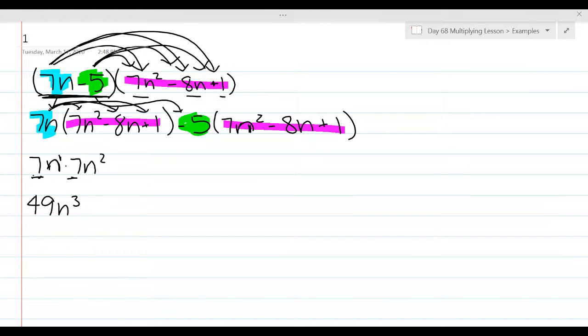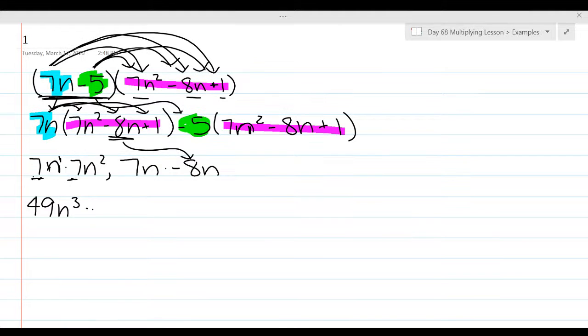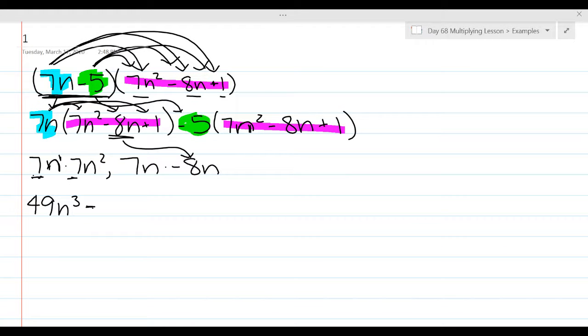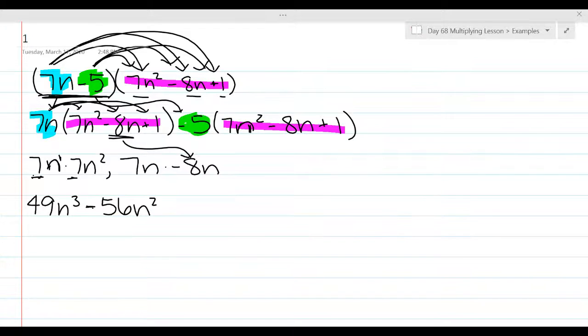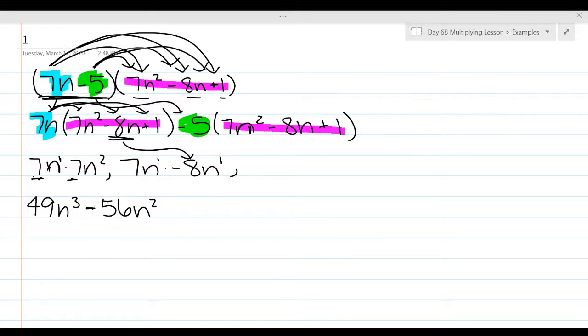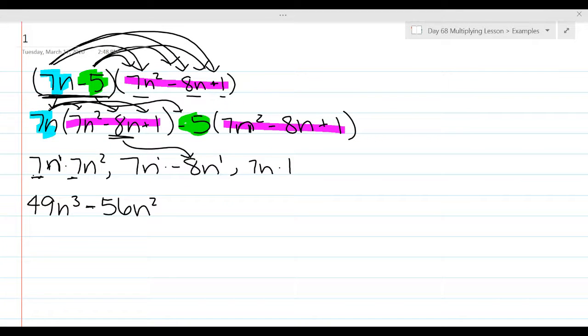Okay, then we have 7n times negative 8n. Remember, carry that down with it. So that's going to be a negative 56n squared. Remember, we are adding our exponents. Okay, then the last one is 7n times 1. So we're just going to add a 7n at the end.